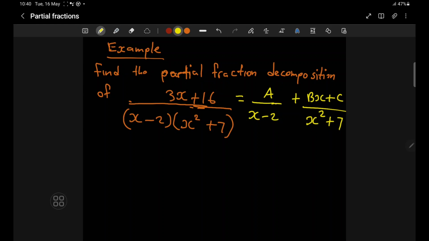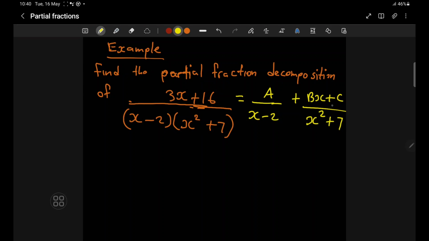All we need to do here is now find the values of a, b, and c. So multiply the whole expression by the least common denominator, that is x minus 2 and x squared plus 7.